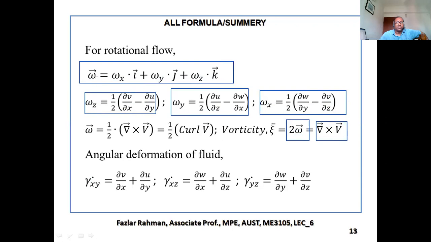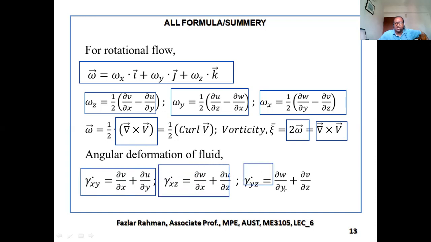And this rotational vector we can also express in terms of curl, half times curl of V. And angular deformation, you need to remember this formula. Angular deformation in XY plane is this one, YZ plane is this one, and XZ plane is this one.